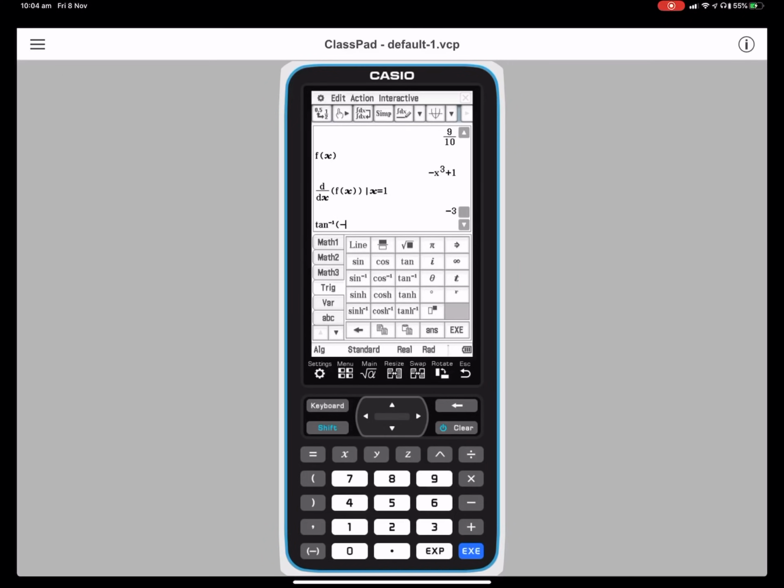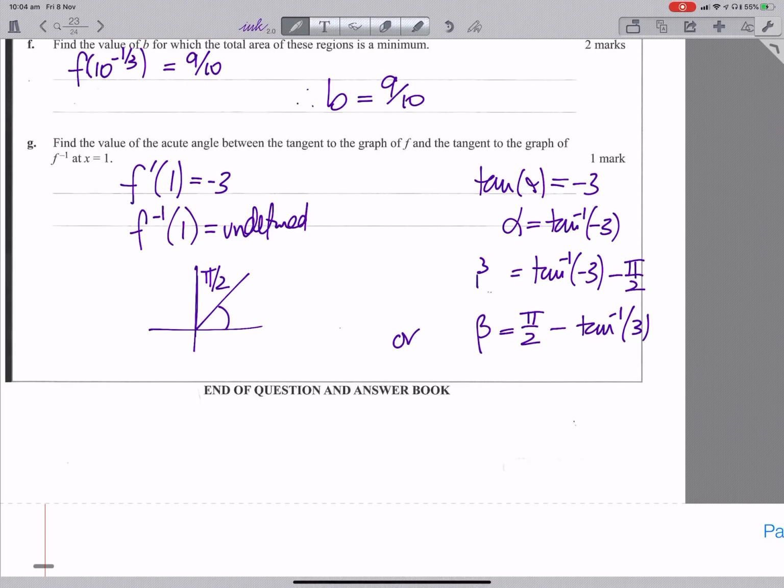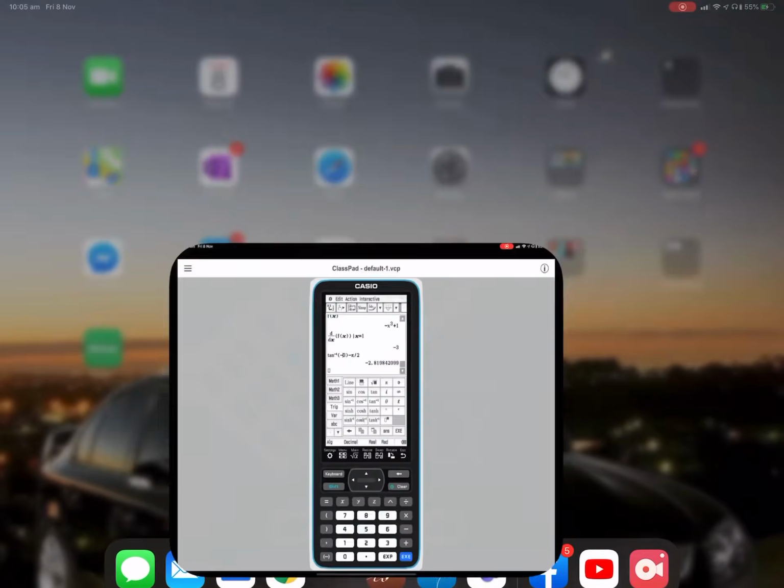Tan inverse -3 minus pi divided by 2. And that's because it's giving me the angle in the last quadrant. So I guess that's not correct, just because of the definition of tan inverse. So we'd go with this one.